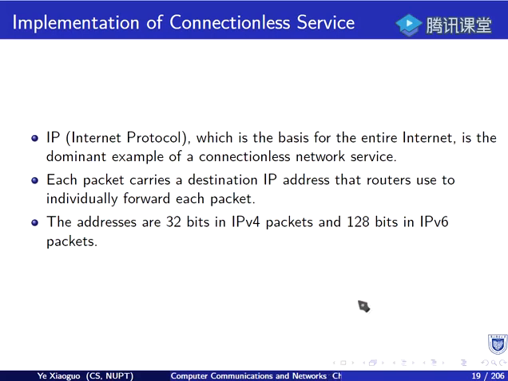The addresses are 32 bits in IPv4 packets and 128 bits in IPv6 packets. Just now we mentioned the routing algorithm. Here, addresses. Then we will talk about packet format.